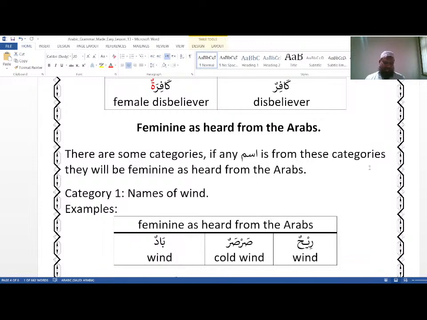So in Arabic, instead of using the word hot or cold, they have a word for it. Rihun, which is normal wind, we know. Sarsarun, another wind which is cold wind. Badun, another type of wind.